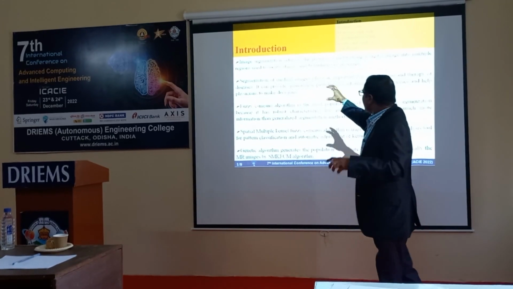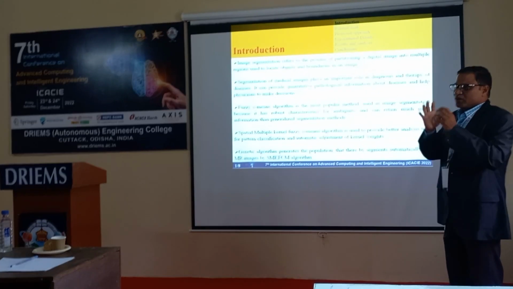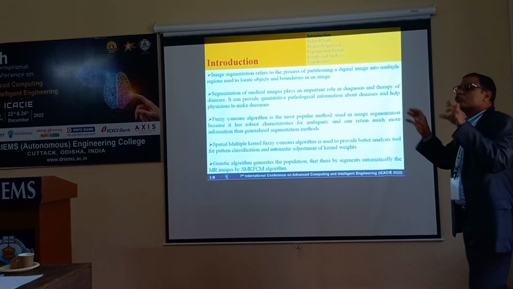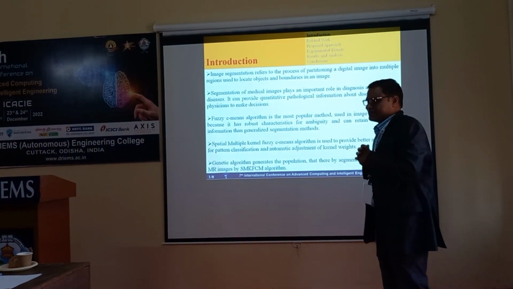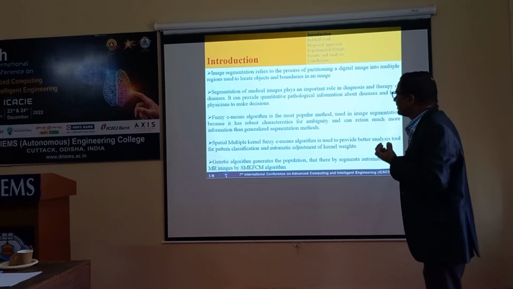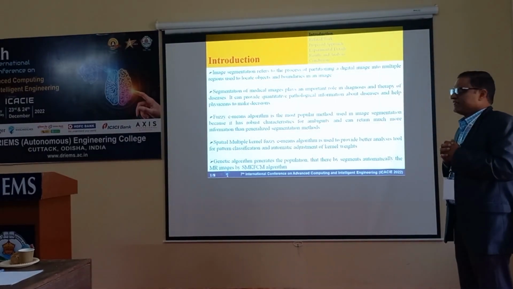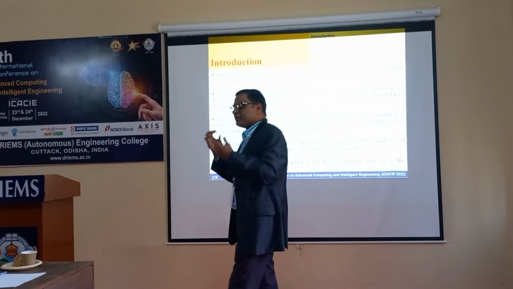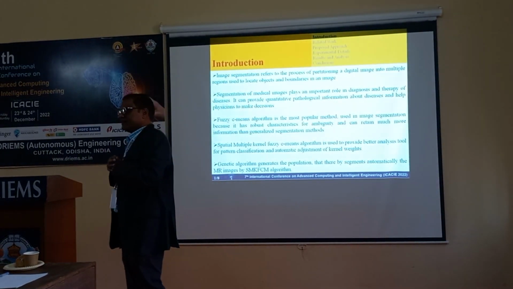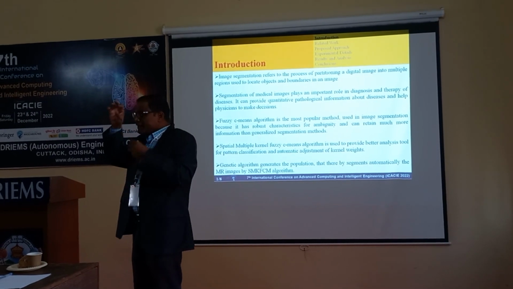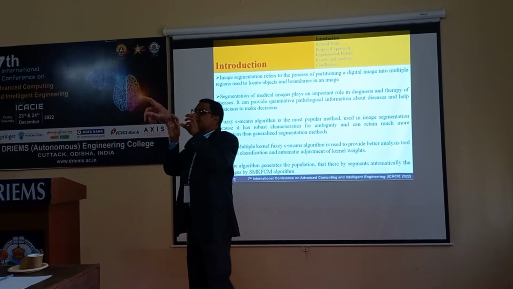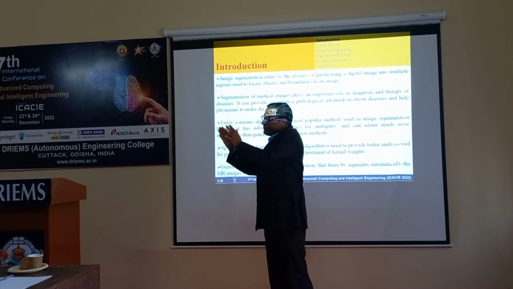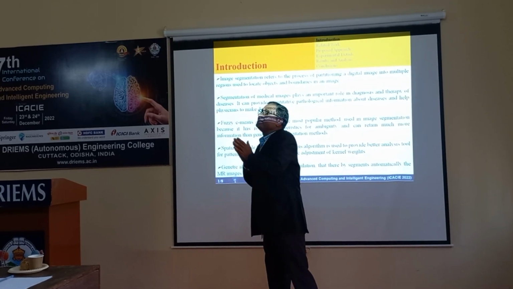First of all, I will explain image segmentation. Basically, image segmentation refers to the process of partitioning an image into different regions of interest, used to locate an object at boundaries. Suppose we have rare images, then we have to track what is essential for the standard and normal images, and there will be some abnormal images.